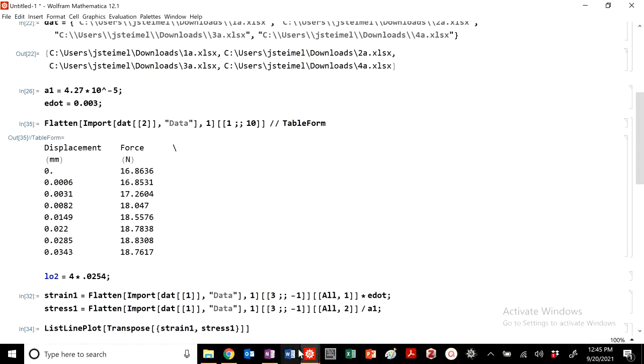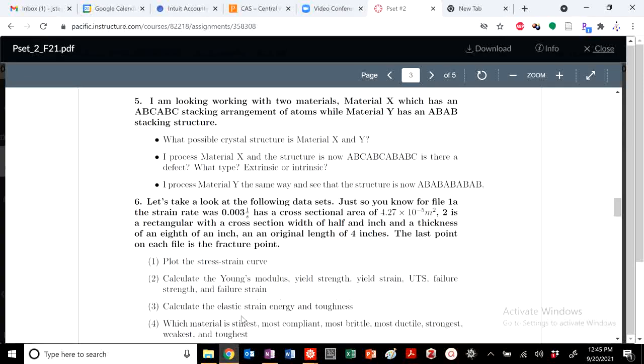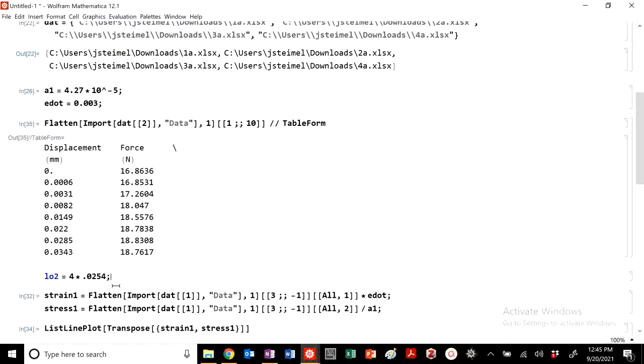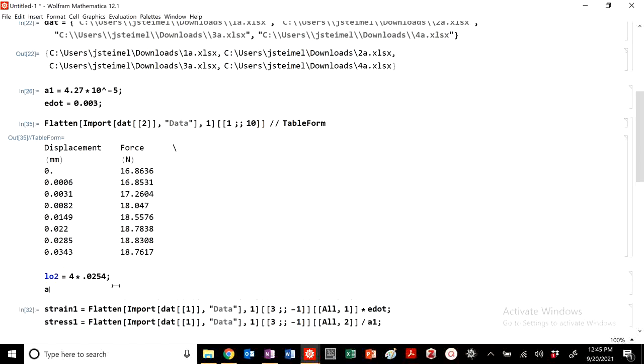My cross-sectional area, let's take a peek at that. So let's look. It is a thickness of 1/8 of an inch and a width of 1/2 an inch. So my A2 is equal to a thickness of 1/8, so 1 divided by 8 times 0.0254 times, it's 1/2 an inch.